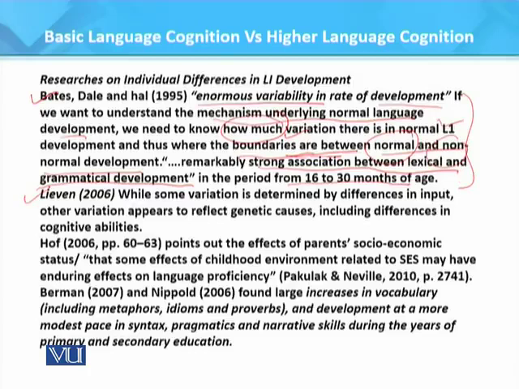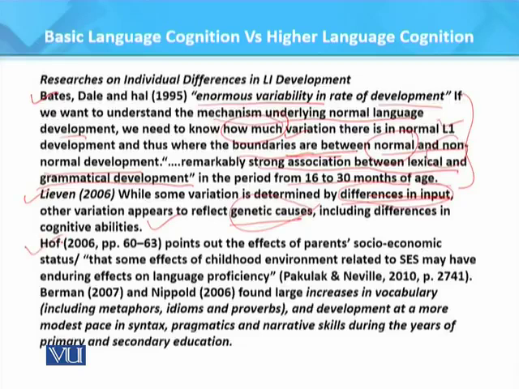The other researchers believe that while some variation is determined by differences in input, other variations appear to reflect genetic causes, including differences in cognitive abilities. So differences can be observed in the external input, but then you have genetic causes, and that can affect your cognitive abilities, your cognitive processes.